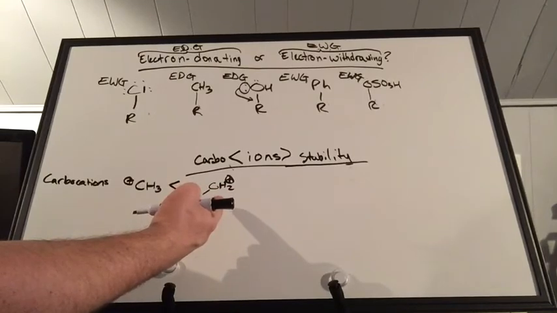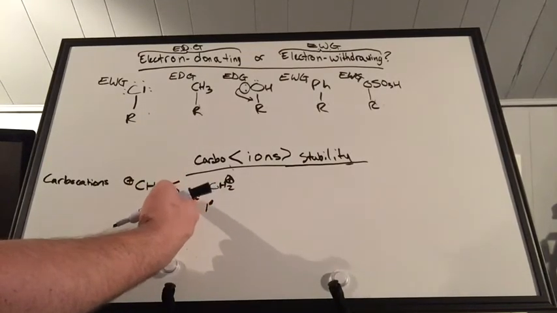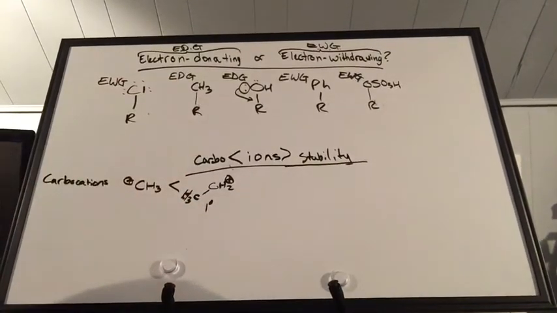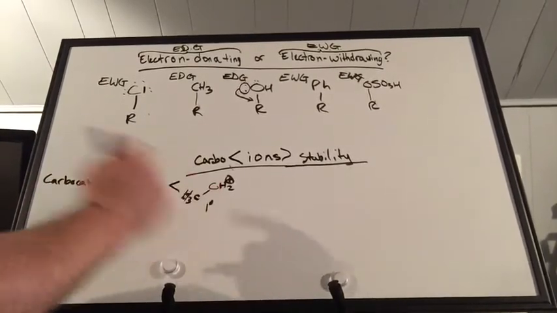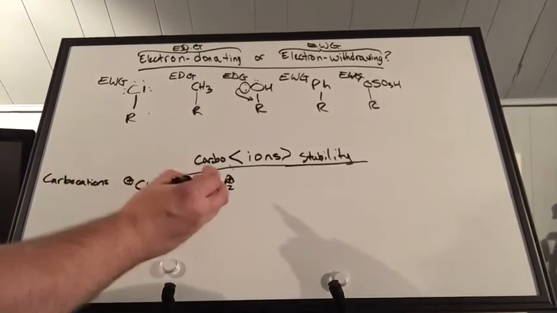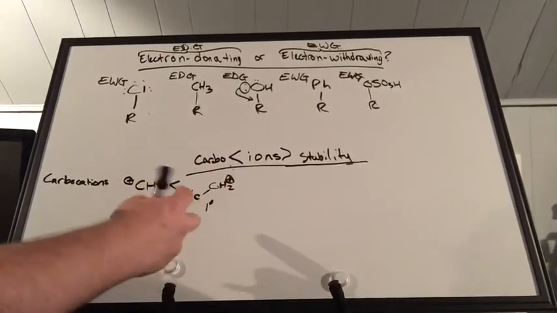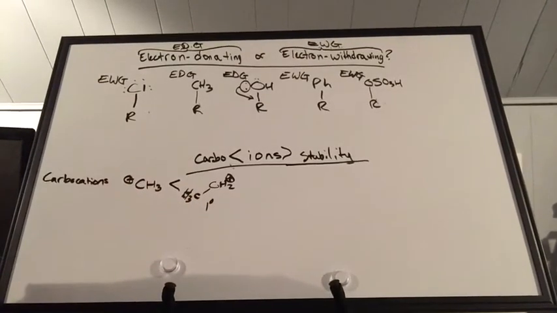That is simply going to be slightly more stable just because you have this one electron donating group that's going to stabilize that positive charge. What geometry is this particular carbon going to be in? It's going to be sp2, because you have two coordinates from the hydrogens, each hydrogen here, and then one coordinate from that methyl group.